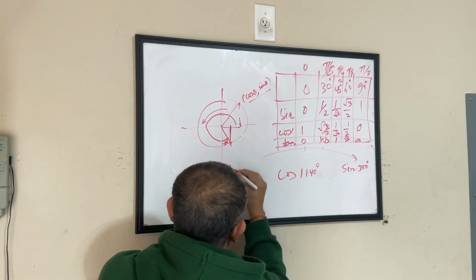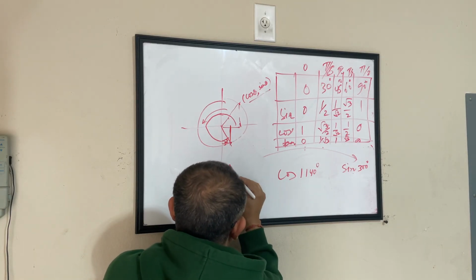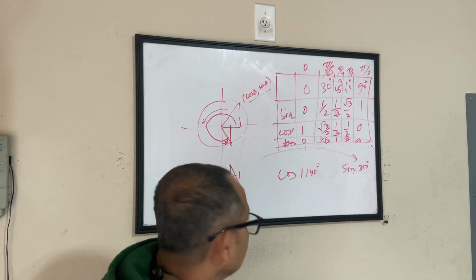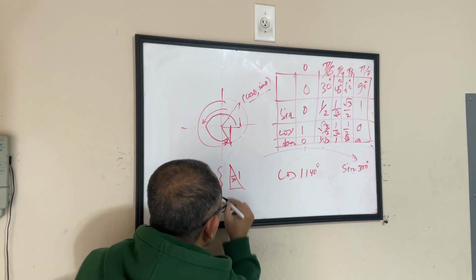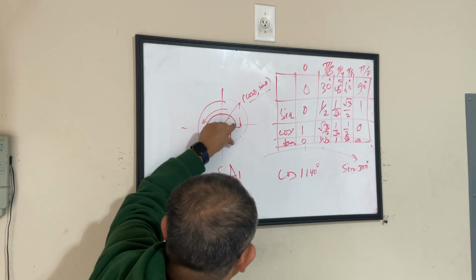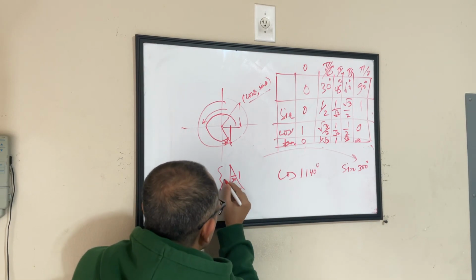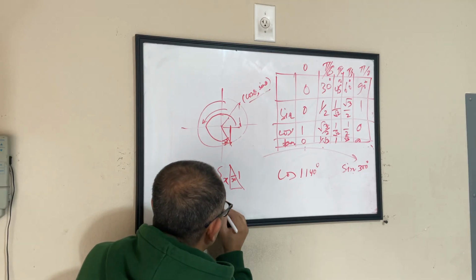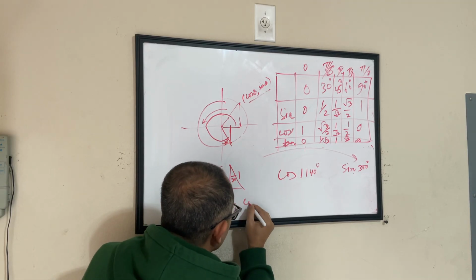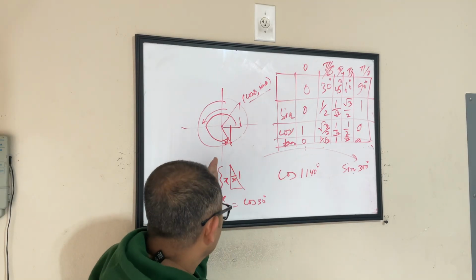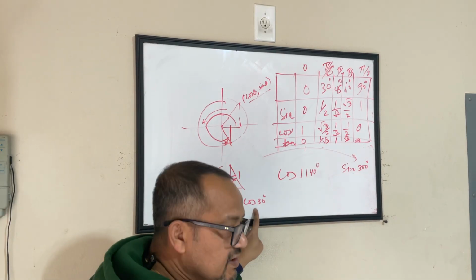This right angle triangle says that this angle is 30 degree and this is 1 because it is part of the unit circle. So what is this length is what I am trying to determine, because this length and this length will be the same. So let's say this is x. So x divided by 1 will be equal to cos 30 degree, correct? That is by SOHCAHTOA, correct? The base by hypotenuse gives you cos theta.